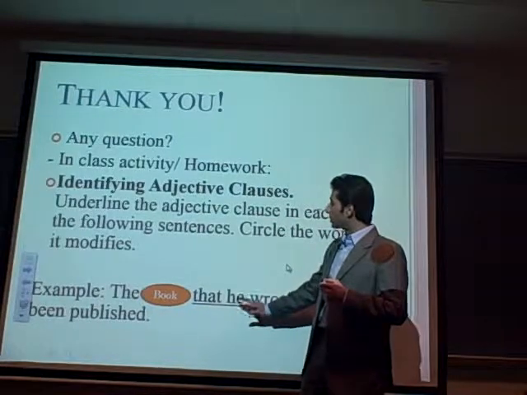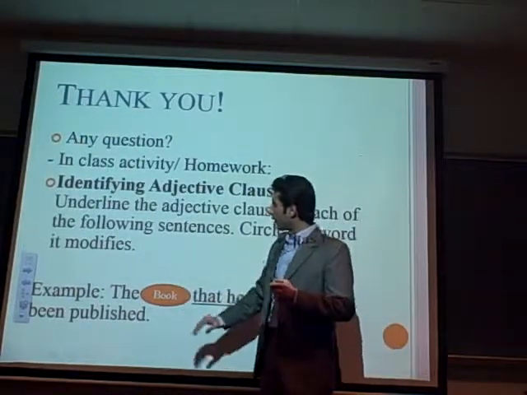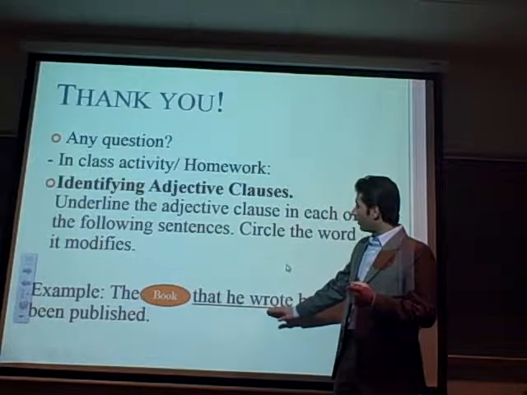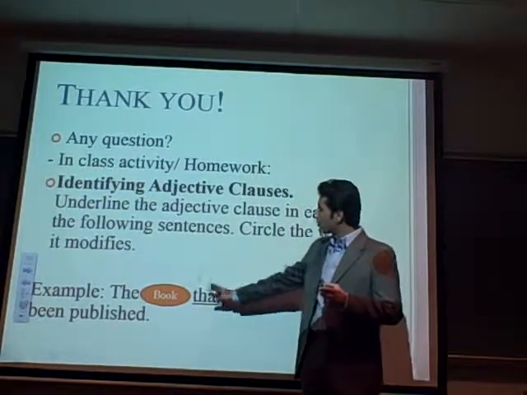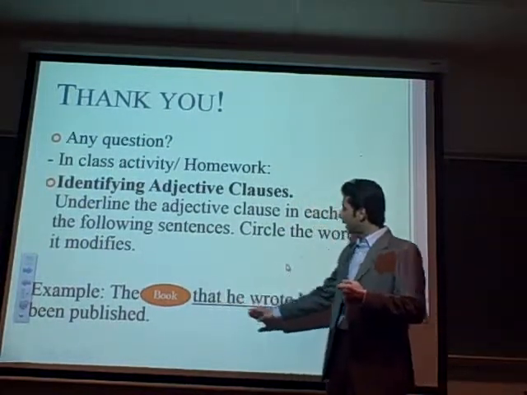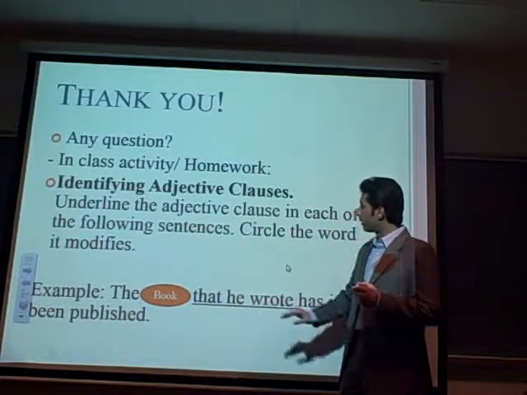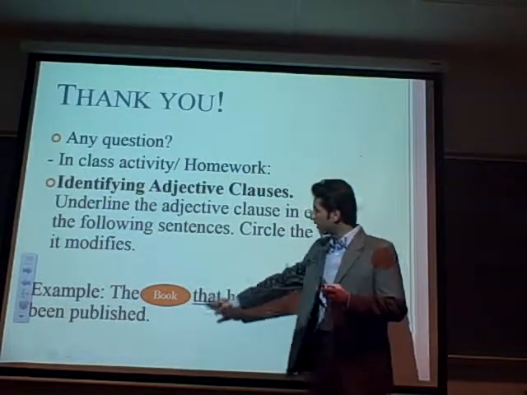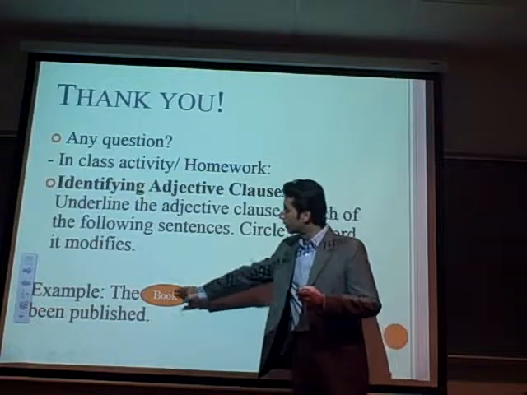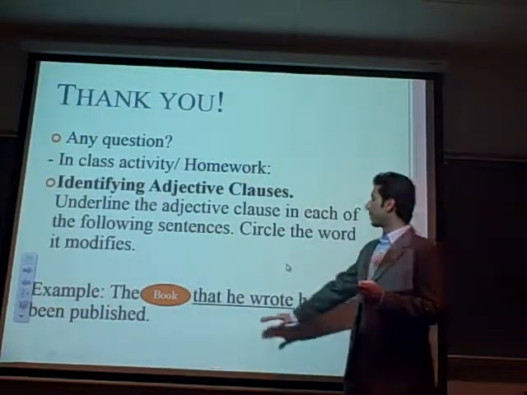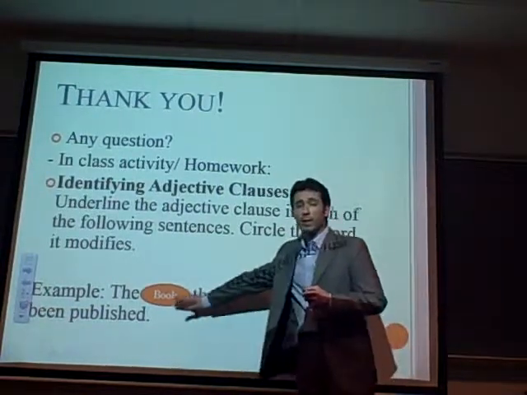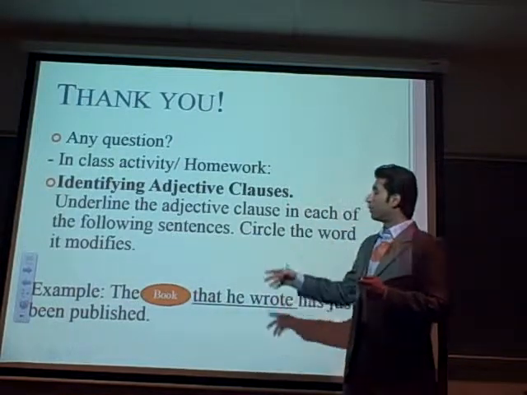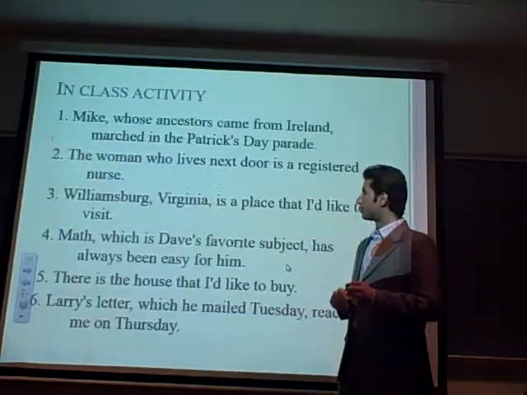Then the adjective clause modifies this noun, and here we have the adjective clause that starts with the relative pronoun, which is that. Then we have subject, verb, and this adjective clause is going to modify the noun. So we underline the adjective clause, then we circle the noun.